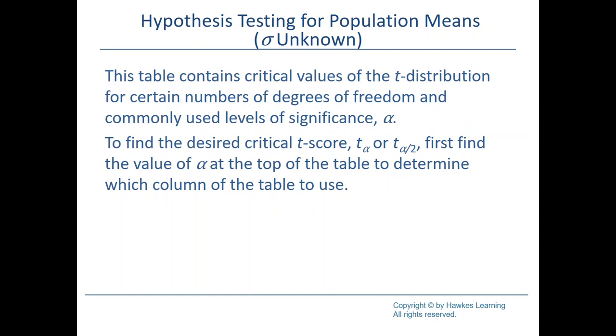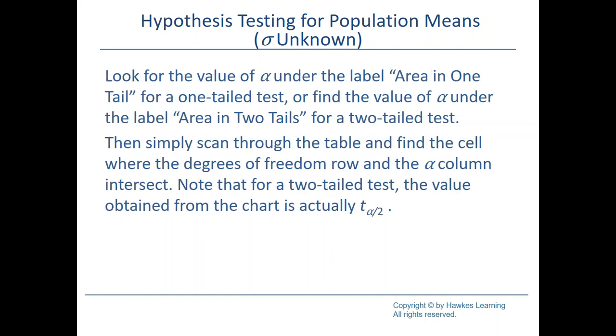Again, first find the value of alpha and determine from the top column what part of the table you use. Look for your alpha under the area in one-tail for a one-tail test, and alpha under the area in two-tails for a two-tail test.